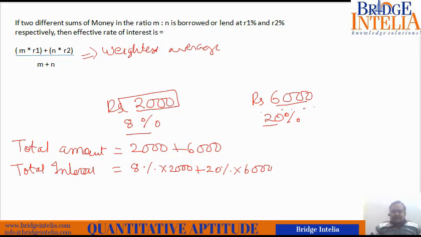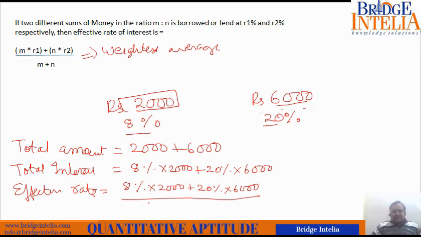This is the total interest you would earn when you have the total sum as 2000 plus 6000. So what is the effective rate? That is total interest earned upon total amount into 100. So the effective rate can be calculated this way: 8% into 2000 plus 20% into 6000 divided by total money, which is 2000 plus 6000, into 100.